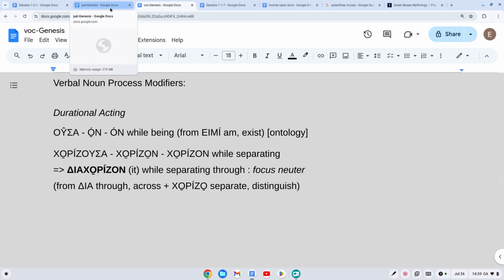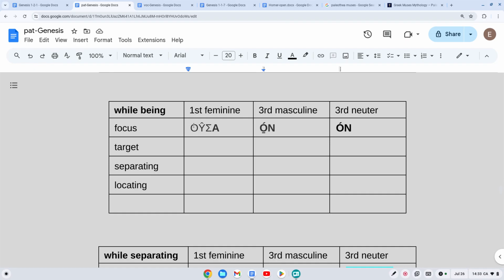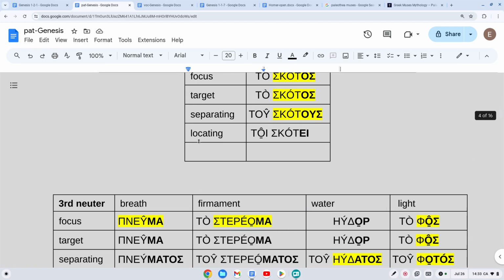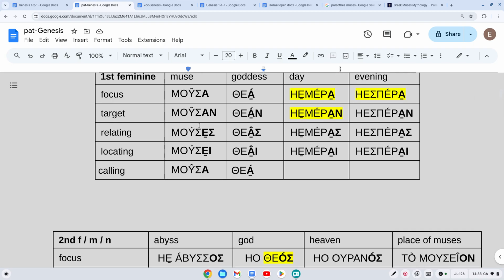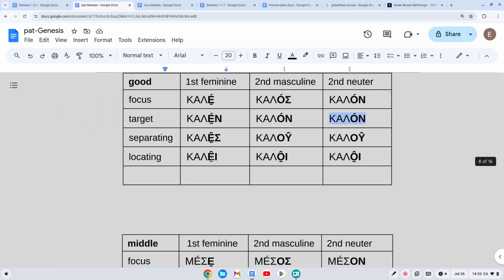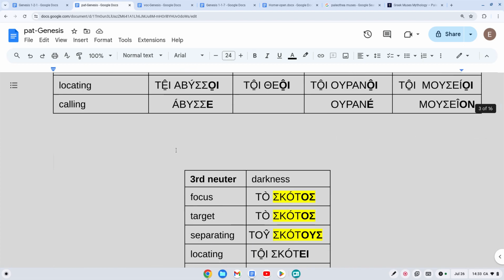Now, you notice this ending is very similar to a word we've looked at before. Sorry for the up and down. Let's page up. Maybe that's also not easy on the eyes.